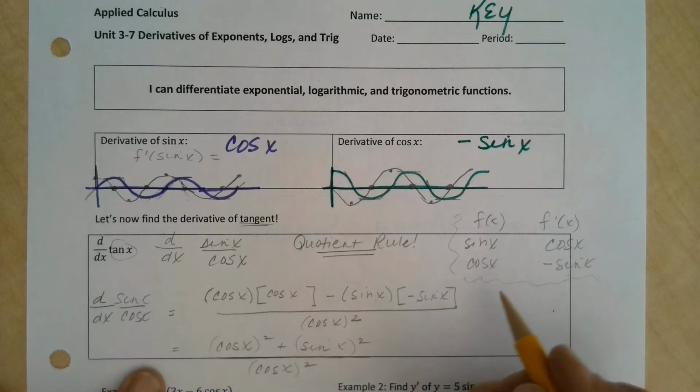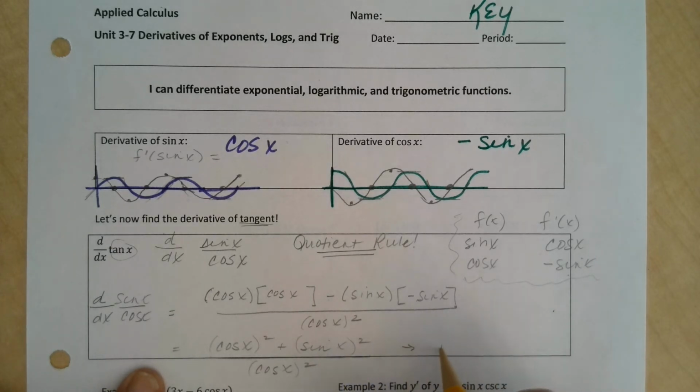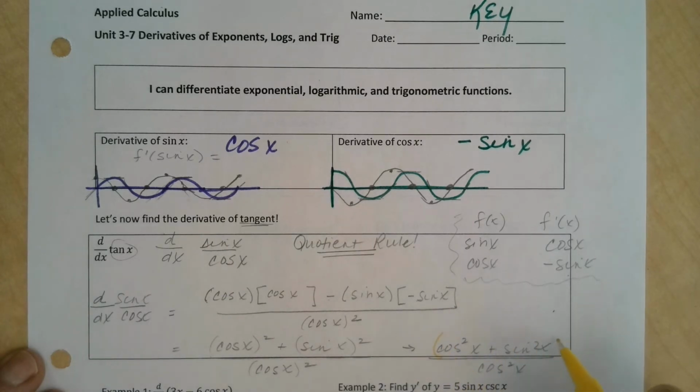Now you know when we rewrite this, that's the same as cosine squared x plus sine squared of x all over cosine squared of x. Anybody know a trig identity to help me out with this value? Thank you. This is equal to 1. So we wind up with 1 over cosine squared of x. Anybody know a trig identity to help me out with this one?